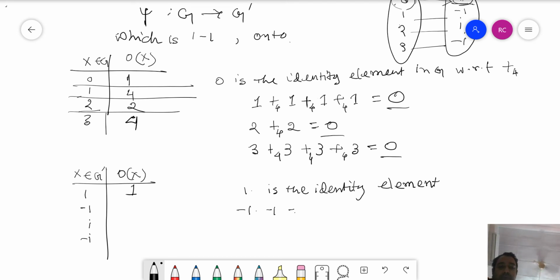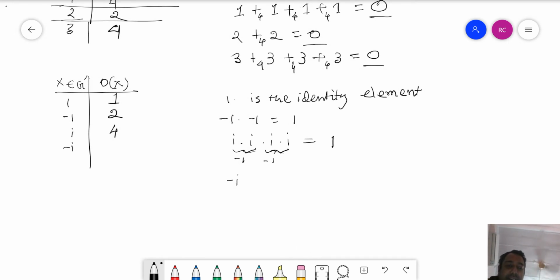Minus 1 into minus 1 is 1, so the order is 2. i into i is equal to minus 1. Again, i into i is another minus 1, and that would give us 1, so the order is 4.